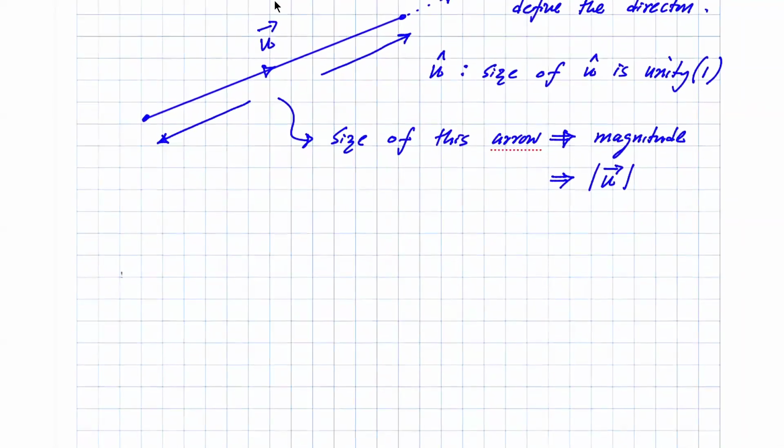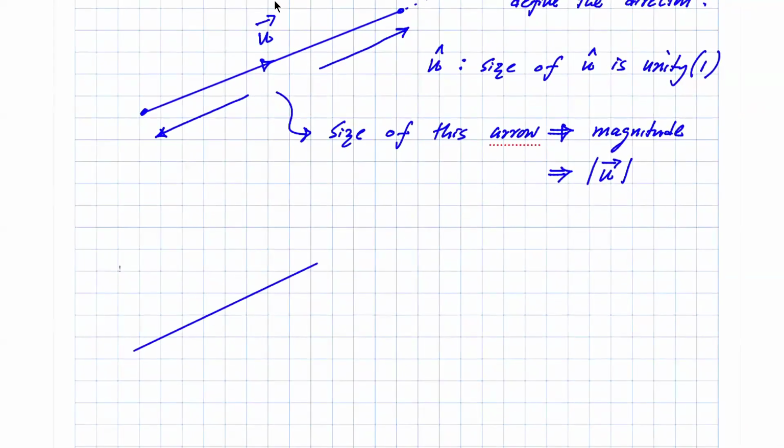Now if you look into this diagram, you have the u vector. The u vector has this size and the direction, and the direction is specifically given by u hat, which is called the unit vector. This distance is given by u vector mod. So now we have to understand there are 3 things. This guy is defined by direction as well as its size.